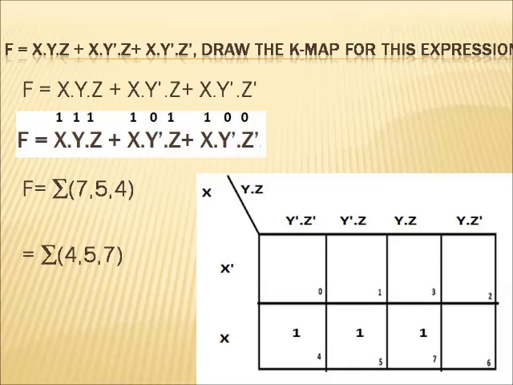I am putting a 1 on the cell marked 4, a 1 on the cell marked 5, and also a 1 on the cell marked 7. So this is quite easy.